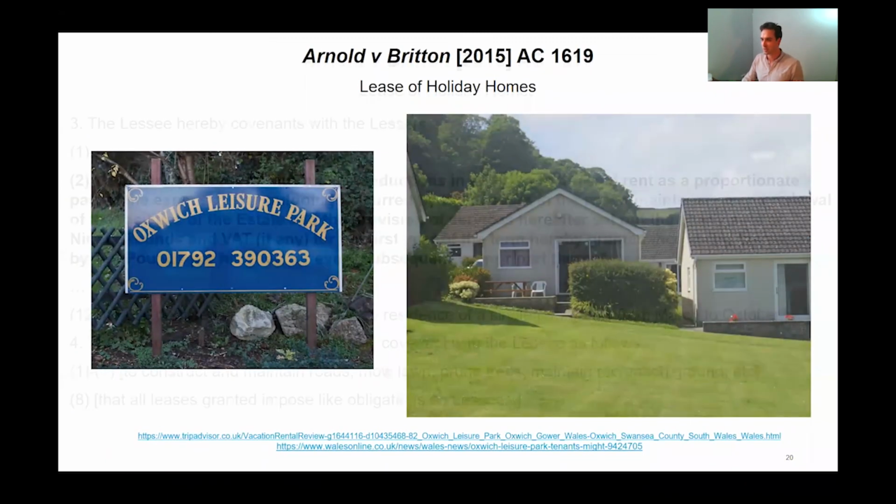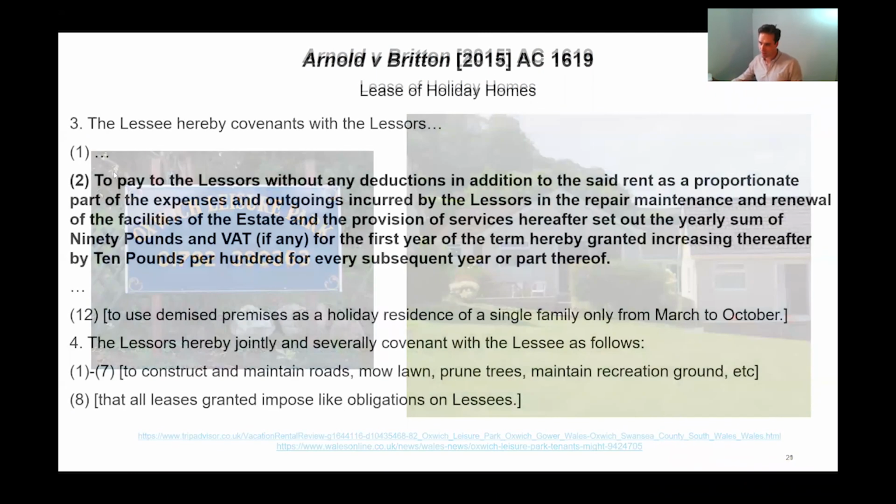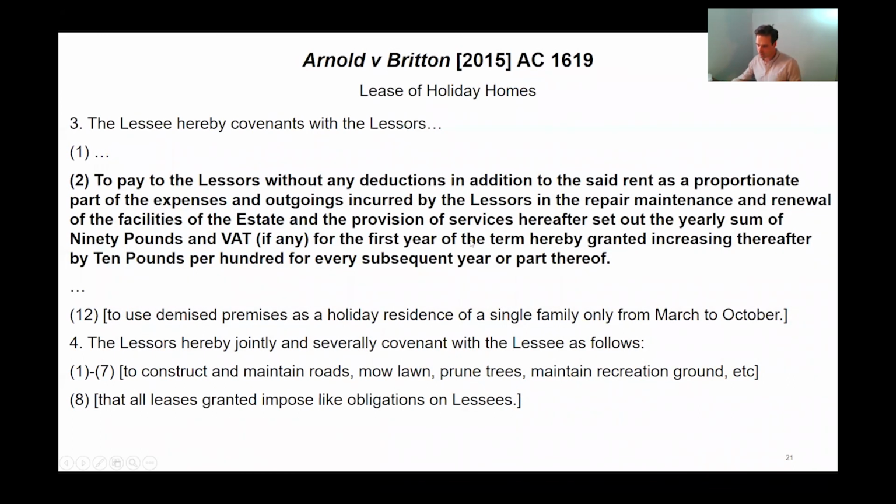So the interpretive question was whether this Covenant 3.2 obliged the lessee to pay a proportionate part of expenses and outgoings, or the sum of £90 increasing by 10% per annum.